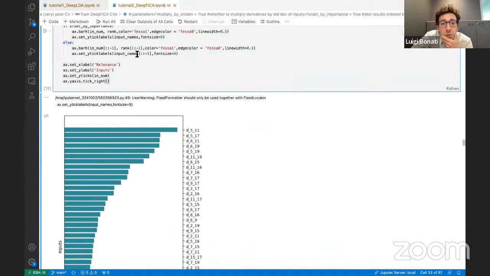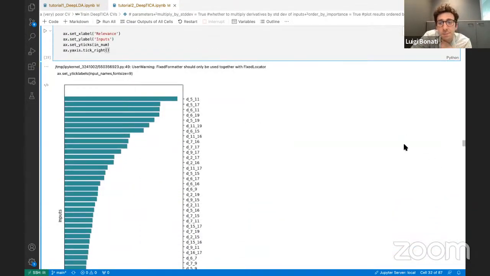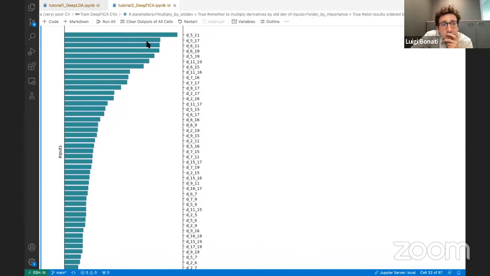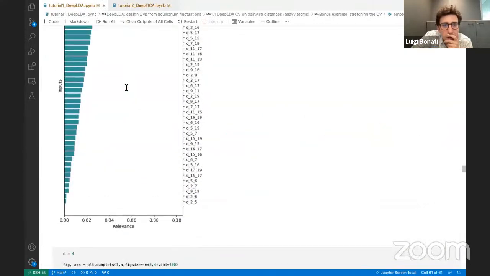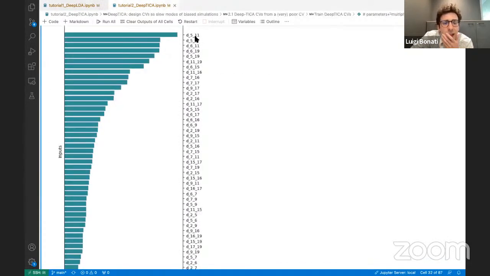As before, what we will try to do is to compute the derivatives of the CV with respect to the descriptors. It's actually interesting to note that if we compare, here for instance, the distance between 6 11, 5 11, 6 7 16, and actually this is quite similar, 5 11, 6 11, 5 rather than 6 16.